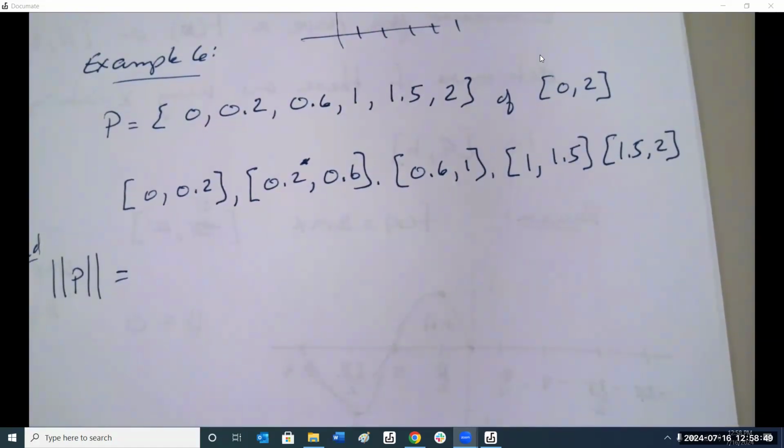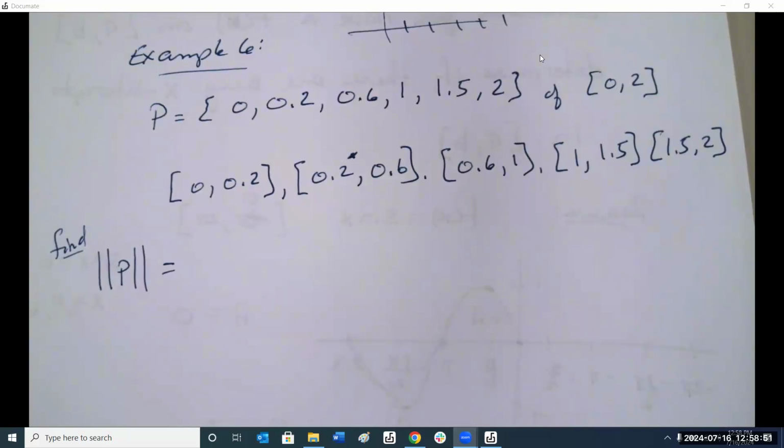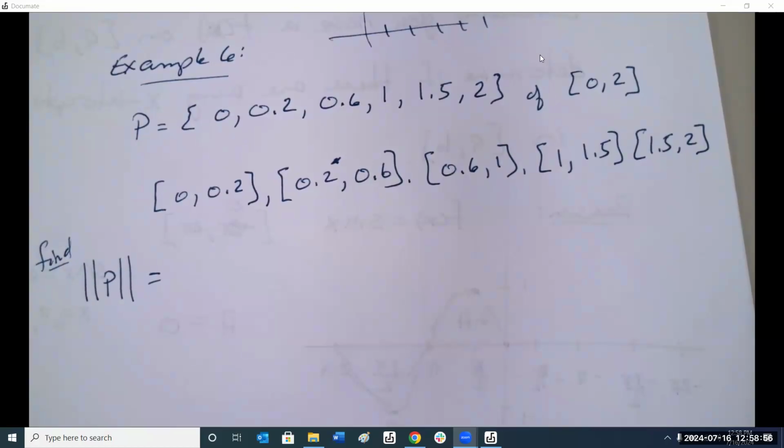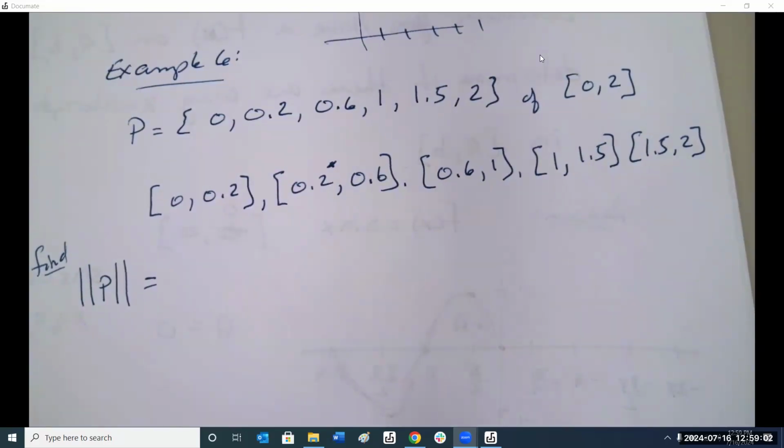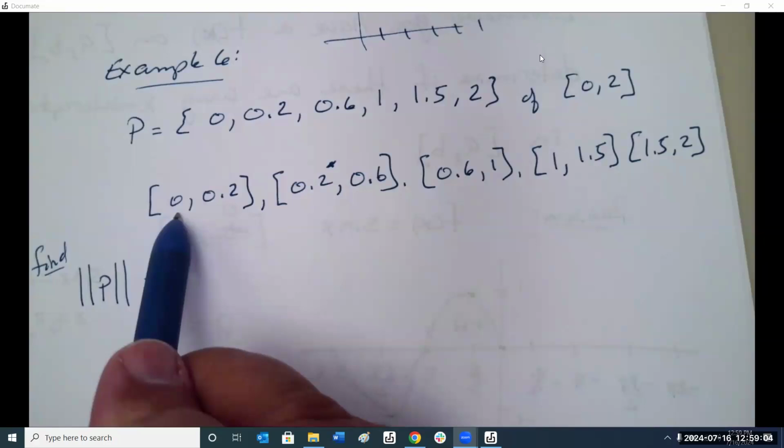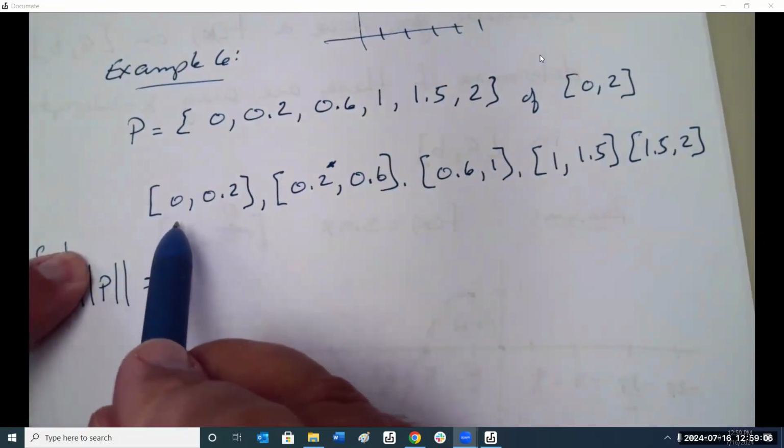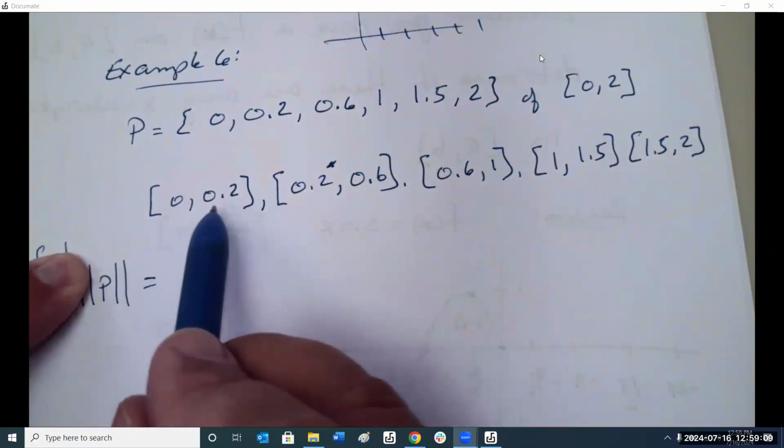Find the norm. The way you do this is find the length of the intervals.